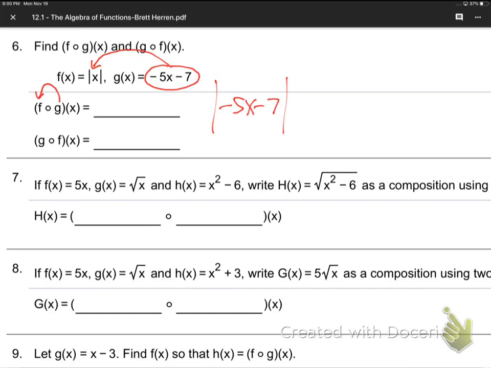G of f. Let's switch the order. Is that okay in the first one? Questions I can answer in that first one? Try the second one where we swap the order. Now we're going to put f into g. It's always right to left for functions. Put f into g.